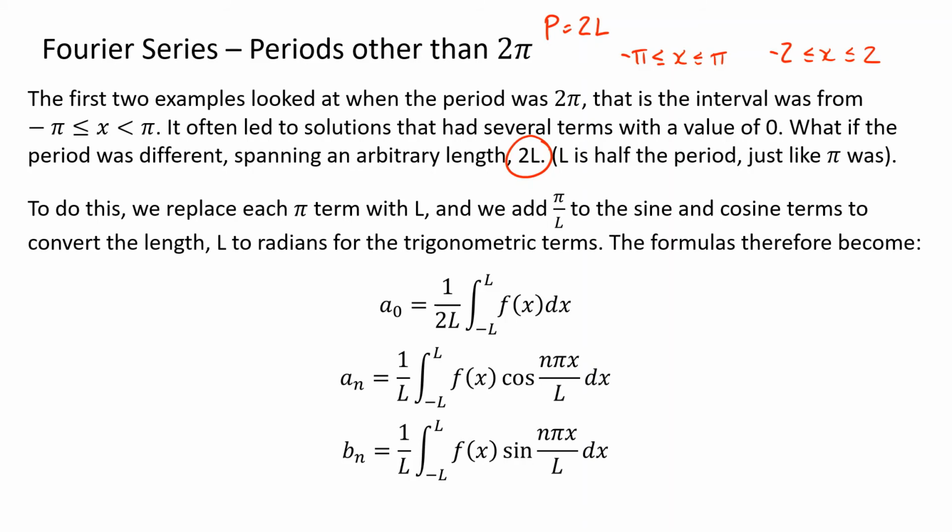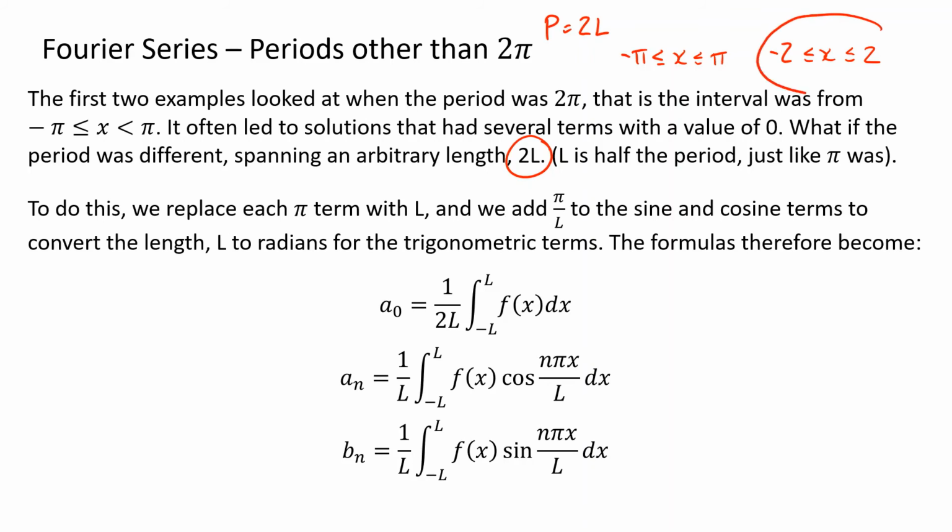Instead of having, remember, the integral from negative pi to pi, in this case we have negative L to L. And instead of having 1 over 2 pi, we have 1 over 2L. So basically, everywhere that we had pi previously, we're substituting in L. L is just simply that length.